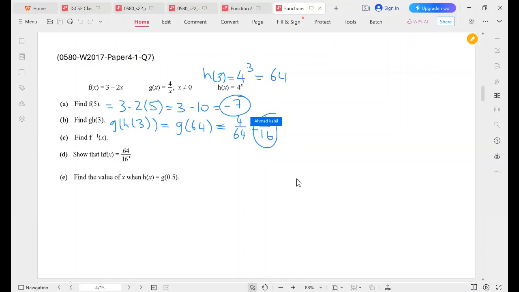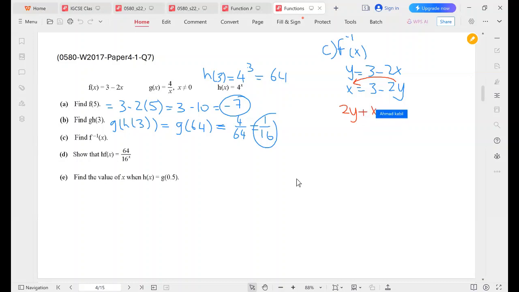And then in C, we are required to find f inverse of x. So let's just give ourselves some space. Here is question C, f inverse of x. So y equals 3 minus 2x, x equals 3 minus 2y. We want to isolate the y. Let's take the negative 2y to the other side to make it positive.